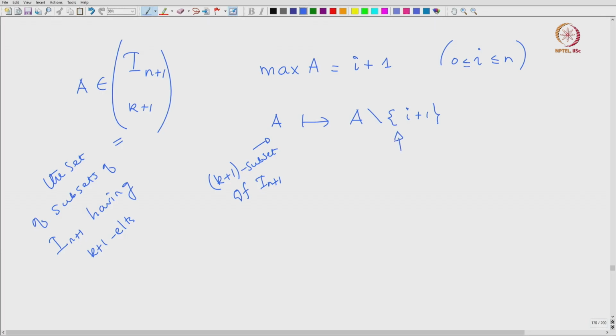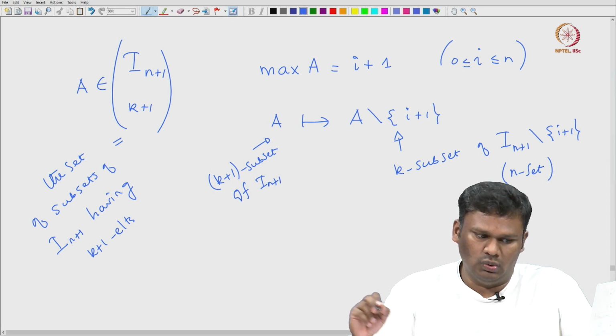What we get is a k subset of I n plus 1 difference I plus 1, which is exactly n set. This gives a bijection between k plus 1 subsets of I n plus 1 and k subsets of 1 to I.